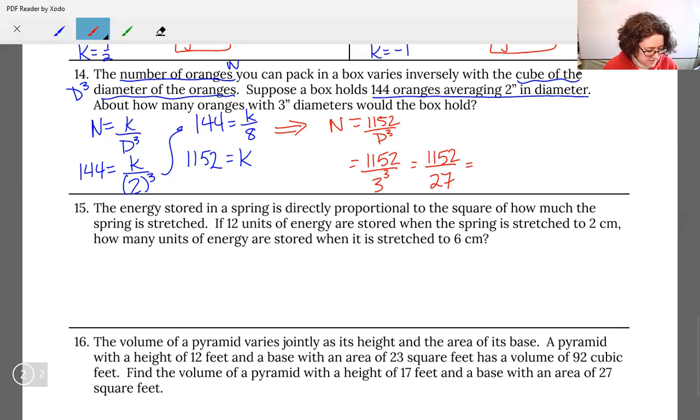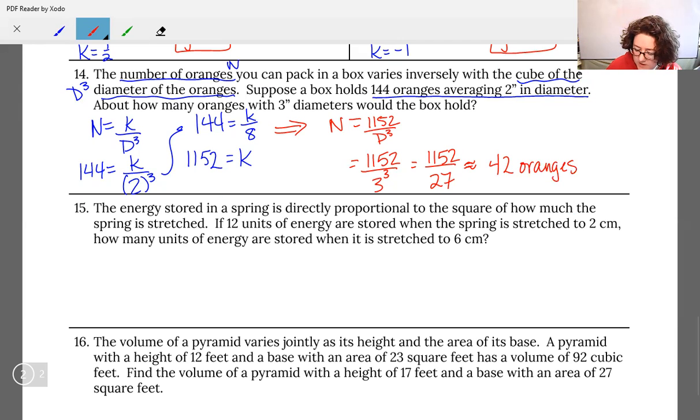So 1152 divided by 27 gives us approximately, because I'm getting a decimal on this one, 42.6 repeating, but you can't really have 2/3 of an orange. Otherwise, it's going to dry out. You're never going to get a bag of oranges at the grocery store that has one cut up unless it's prepped for service. So we're going to say 42 oranges.